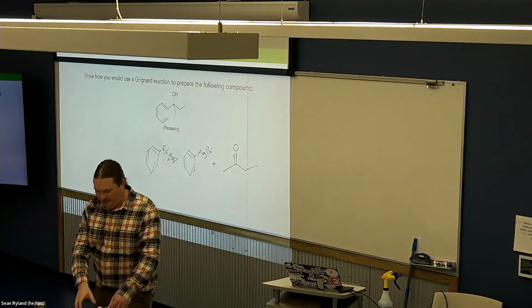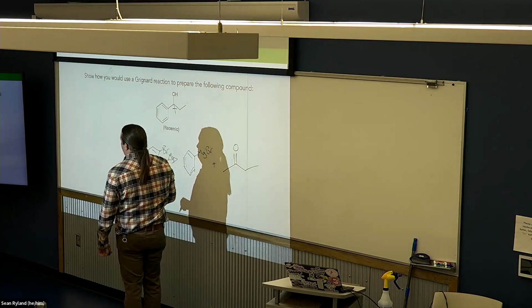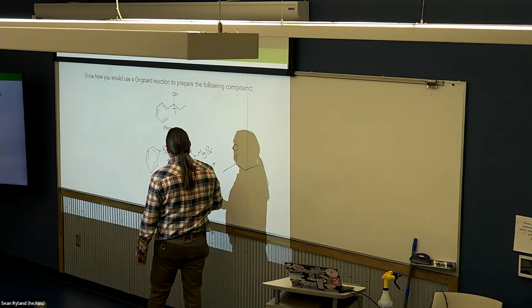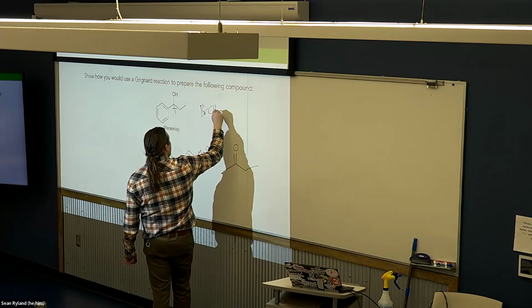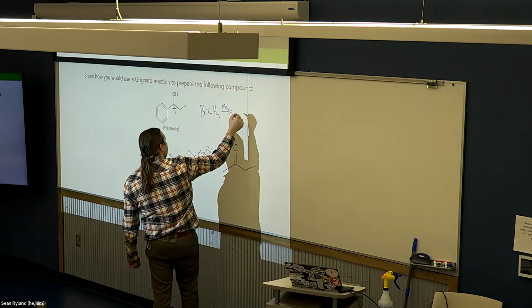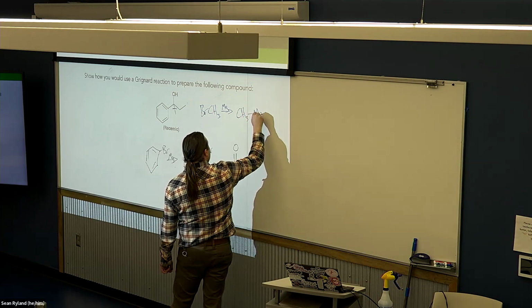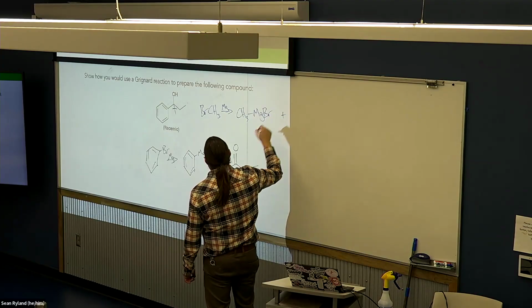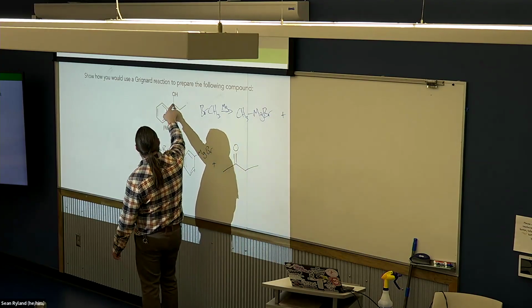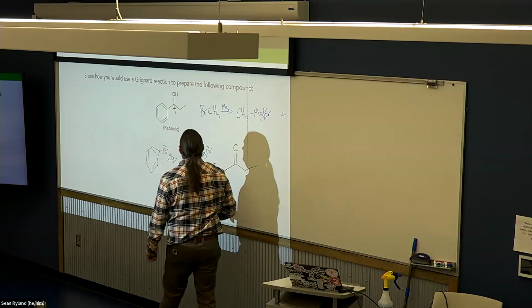So let's look at one of the other options. If it was the methyl group that was chopped off, then we would need to have bromomethane plus magnesium to give us our Grignard reagent, which then would react with the carbonyl that's left if you took this and oxidized it.